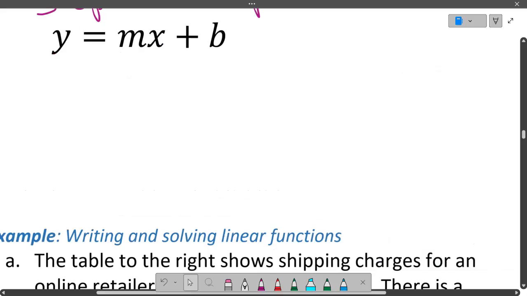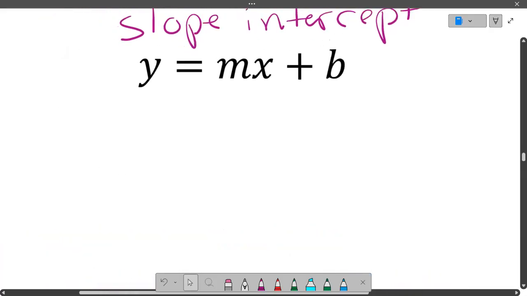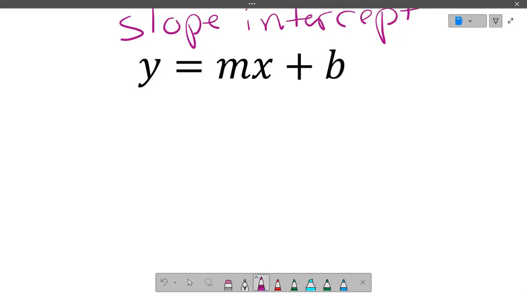In context, what does y typically represent? What are some examples of what y could represent in a context? It's the dependent variable. Okay, what else? We had some examples yesterday.